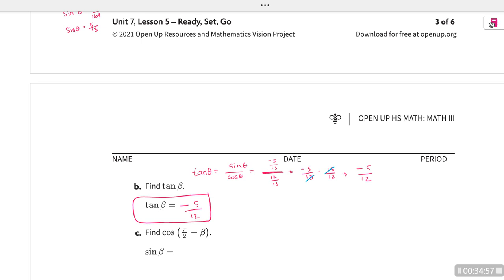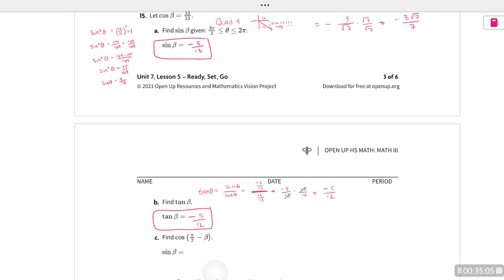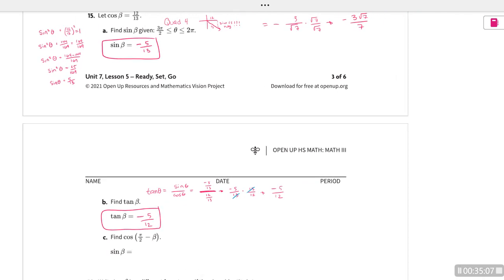Okay. Question 3 wants us to do cosine of pi over 2 minus our angle, in order to find sine of beta. So we should get the same answer. We already know sine of beta is negative 5 over 13.